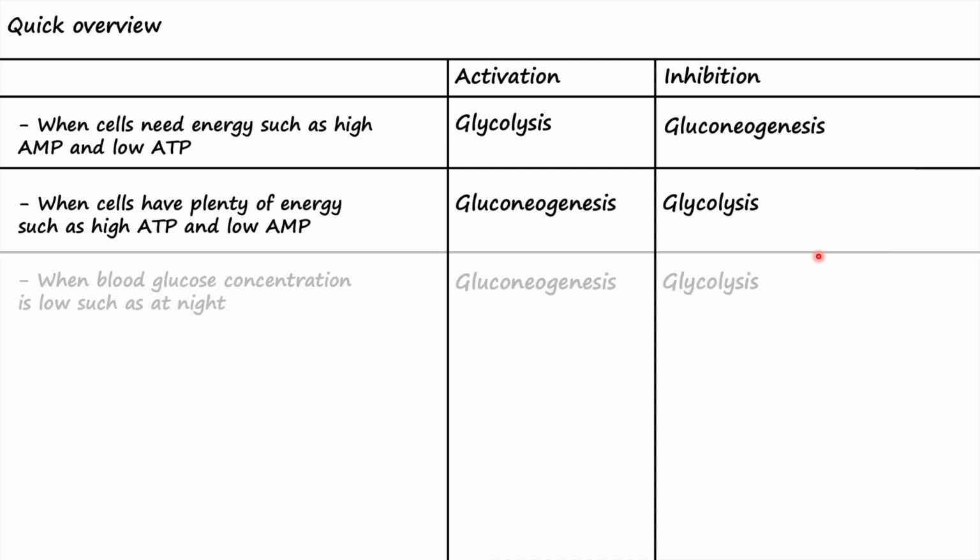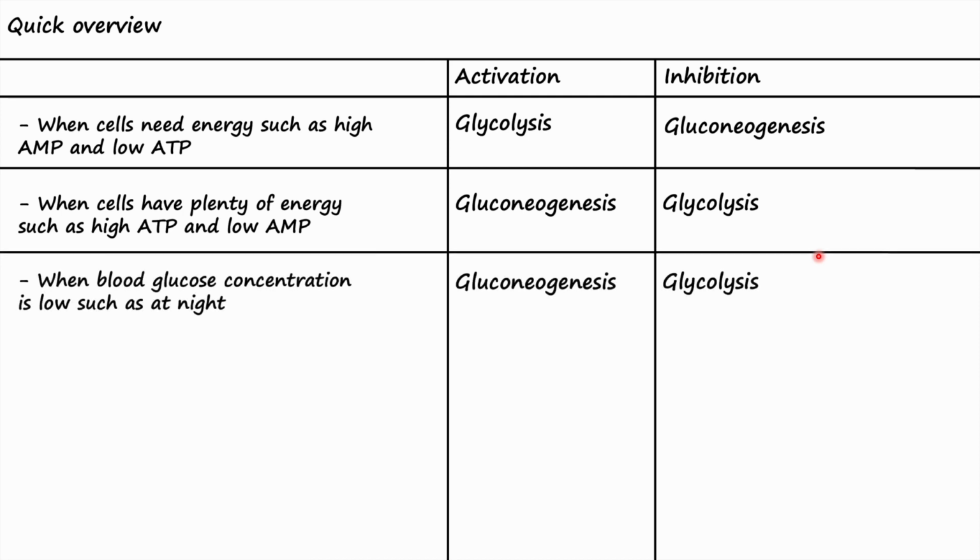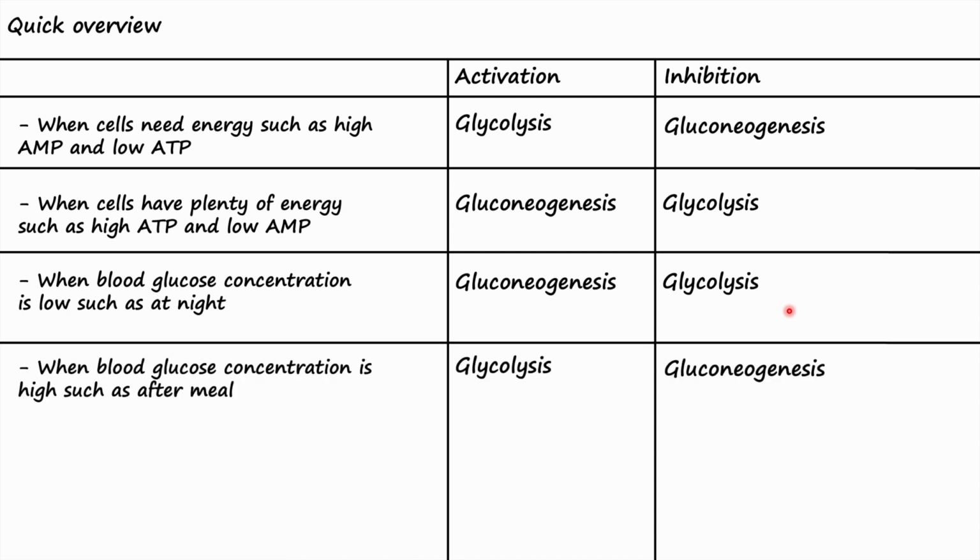Now, when it comes to blood glucose, when blood glucose concentration is low, such as at night or during fasting, the gluconeogenesis pathway is activated to synthesize more glucose, whereas the glycolysis pathway is inhibited. And when blood glucose concentration is high, such as after a meal, the glycolysis pathway is activated and the gluconeogenesis pathway is inhibited.